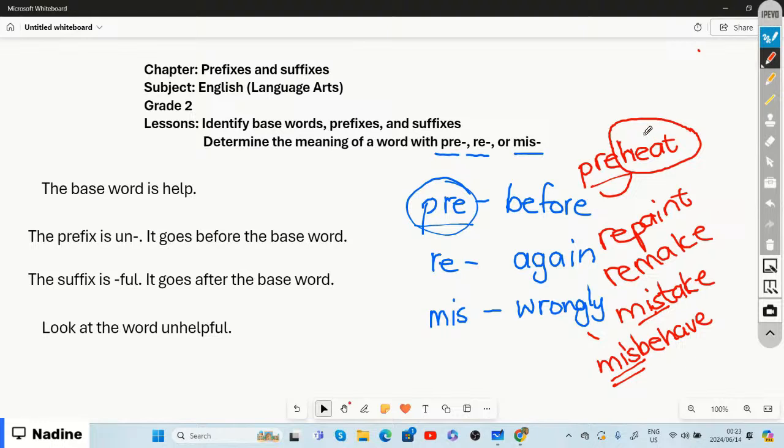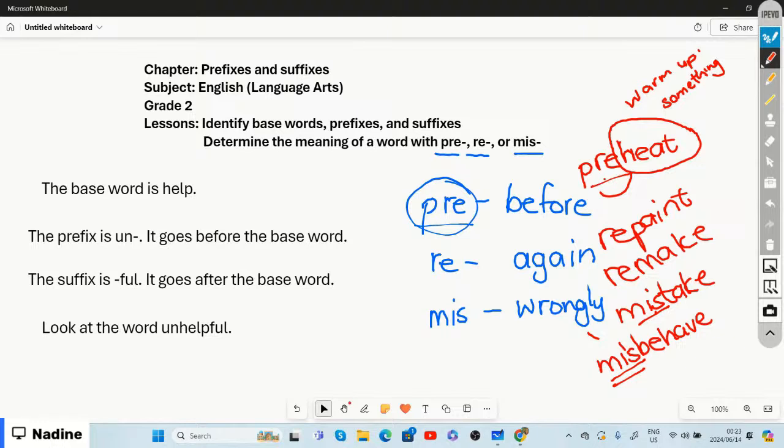Because if you look at the word heat, heat means to warm up something, right? So it means that you're warming up something. This is now heat. But now, as soon as we put pre in front of the word heat, then it means that we are warming up something before we are eating it or something like that.